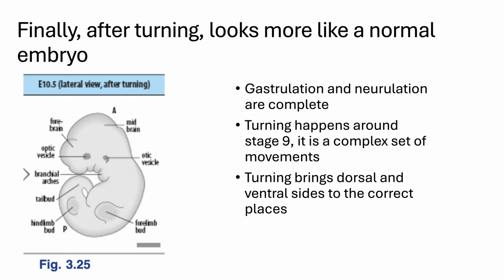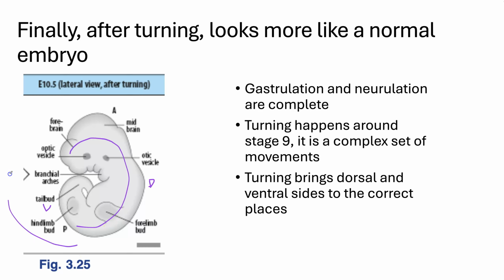So don't worry about the movement. There is a figure in the text, 3.24 or 3.26. And I didn't include it because I don't see the value in memorizing those movements, just so that things flip around. And in addition, we now have your dorsal back and your ventral normal, and the embryo is curled around as they are at this stage.